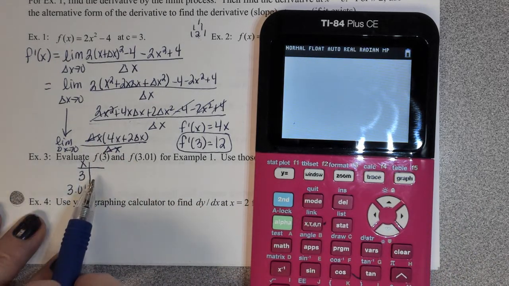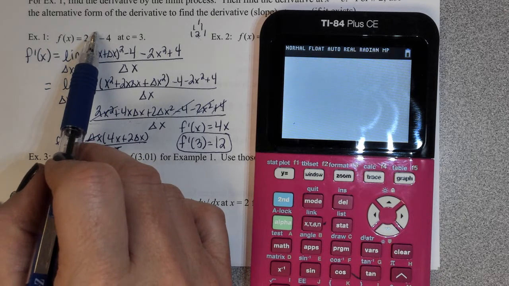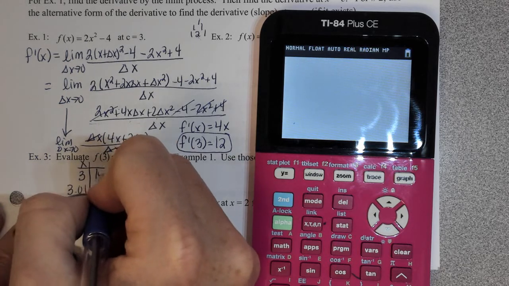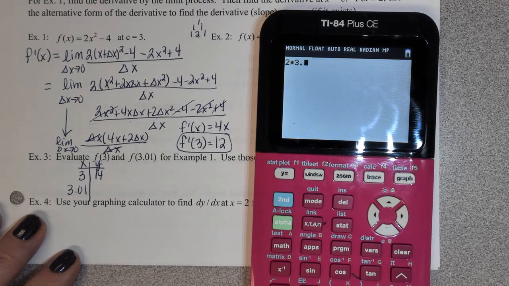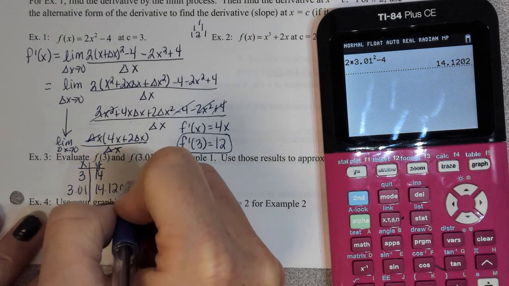When I plug in 3, I don't need a calculator: 3 squared is 9 times 2 is 18 minus 4 is 14. When I plug in 3.01, I have to do 2 times 3.01 squared minus 4. And that gives me 14.1202.